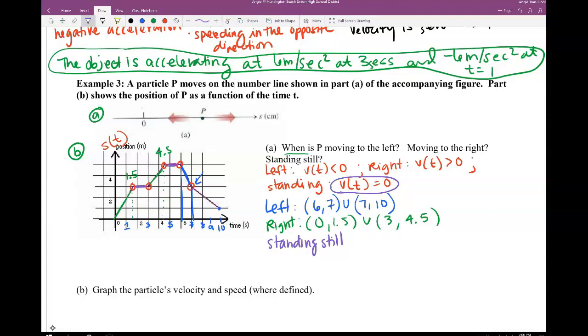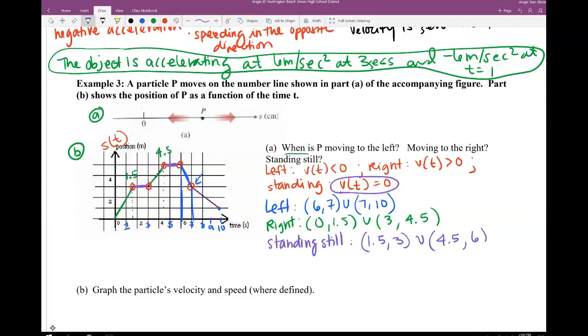So standing still, I have it at 2 places. It's going to be from 1.5 all the way to 3, union that with from 4.5 all the way to 6. Okay, so that's all of the spots where it's going to have a negative slope, positive slope, or when it is 0.